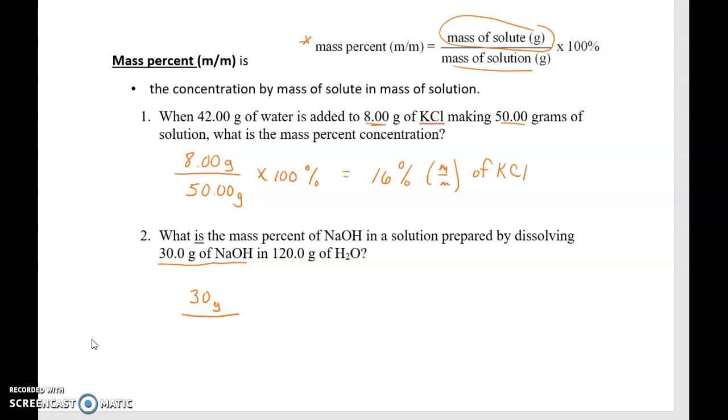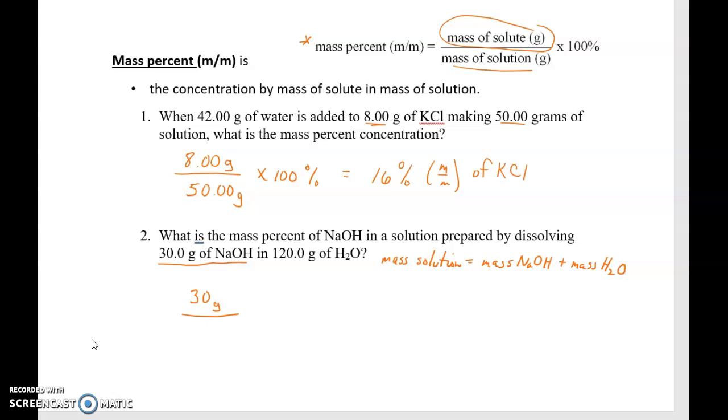And then we need to divide that by the mass of the solution. Note here that the mass of the solution is going to be equal to the mass of the sodium hydroxide and the mass of the water. Okay, so we're going to have to add those together.